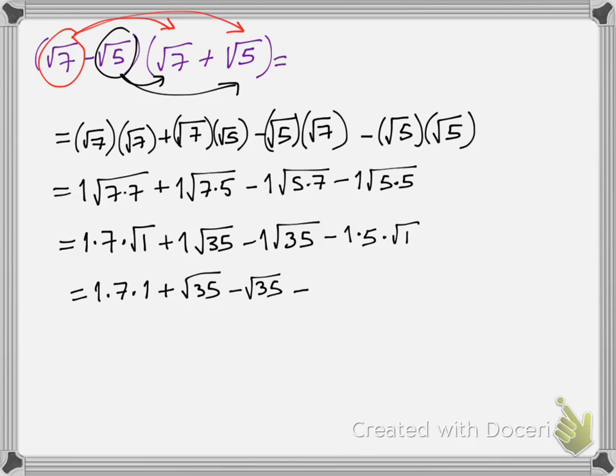Minus, in this case, it's just 1 times 5 times 1, because the square root of 1 is 1. So what is 1 times 7 times 1? 7. What is the square root of 35 minus the square root of 35? 0, right? We simplify. And then minus 1 times 5 times 1 is just 5, and 7 minus 5 is 2. That's the answer.